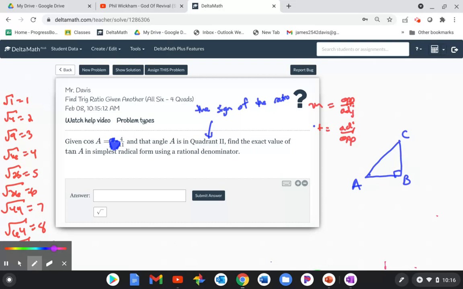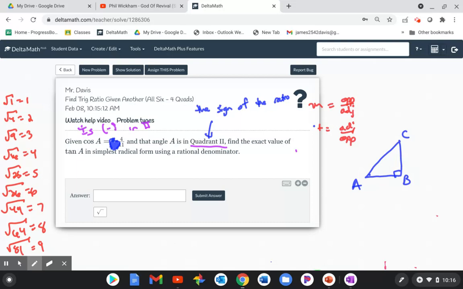But the reason why it's there is because it says it's in quadrant 2, and the cosine is negative in quadrant 2. So that's why it is negative. But again, it's not going to affect how we set up our problem. So we're just going to ignore it for right now, but that's the reason it's there.